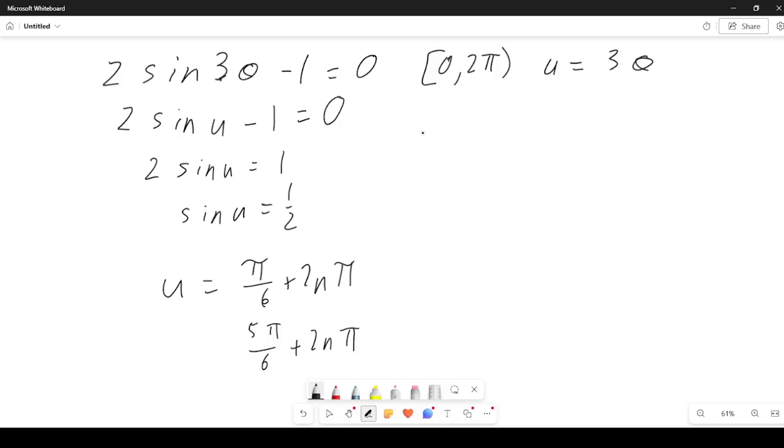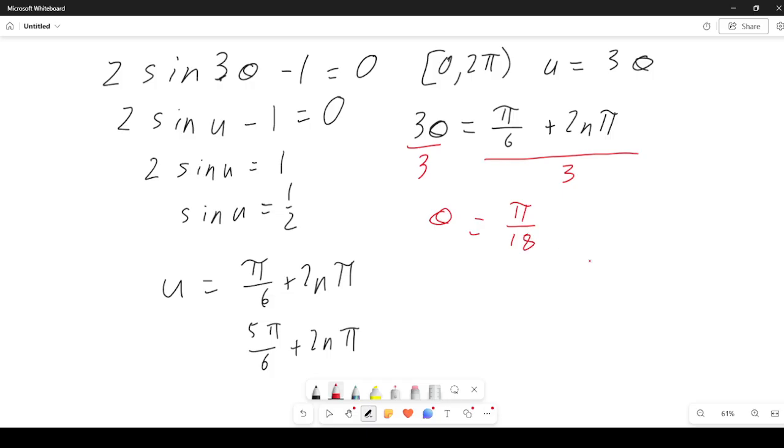So that means 3 theta could equal pi over 6 plus 2n pi. We don't want 3 theta, we want theta. So let's divide by 3 on both sides, which is the same as times 1/3. Theta would be pi over 18 plus 2n pi over 3.